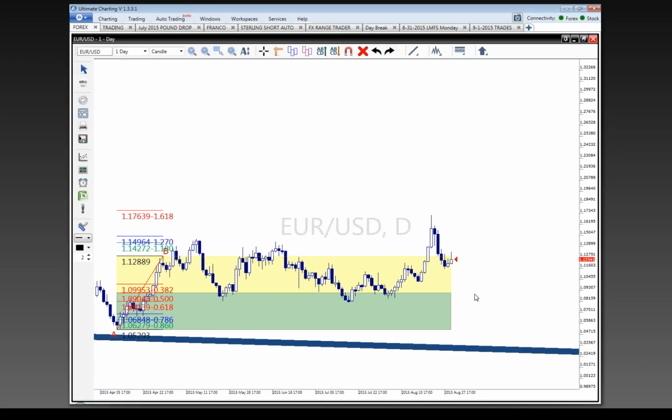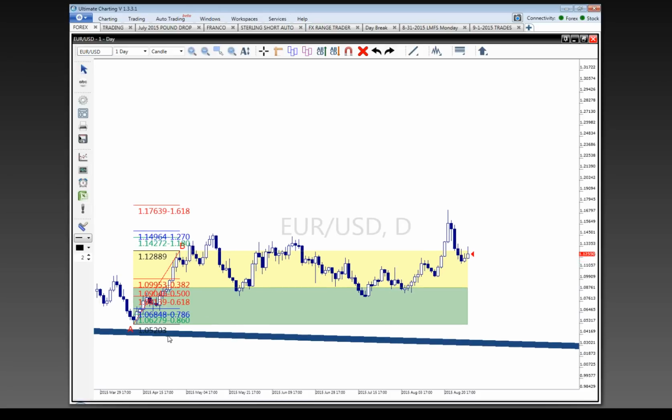We discover that we have a really nice up A is at 1.0520, B is at 1.1288, C retracement is right around the 50, 618 area. D extension is the 1.618. So our D extension will be our targets, 1.1763.